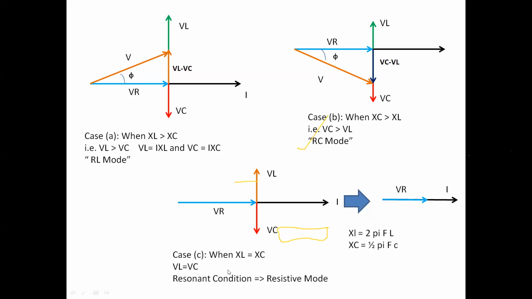Which is nothing but the response of a pure resistive circuit. So under resonant condition, when XL is equal to XC, your series RLC circuit behaves like a resistive circuit in which the voltage and the resistive drop are in phase.